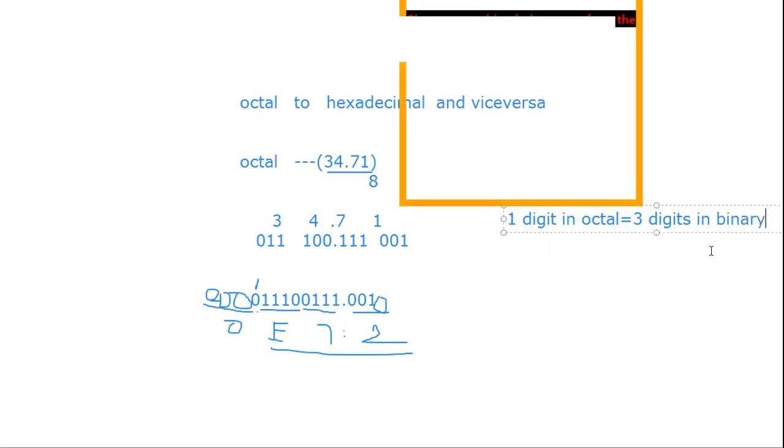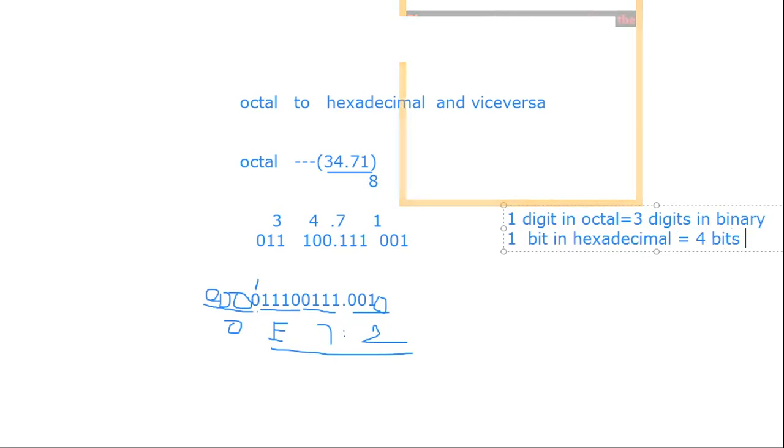Next, 1 bit in hexadecimal is equal to 4 bits in binary.